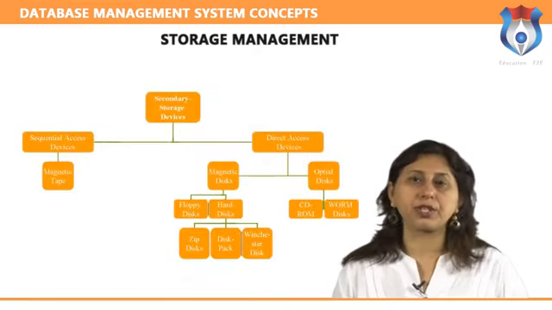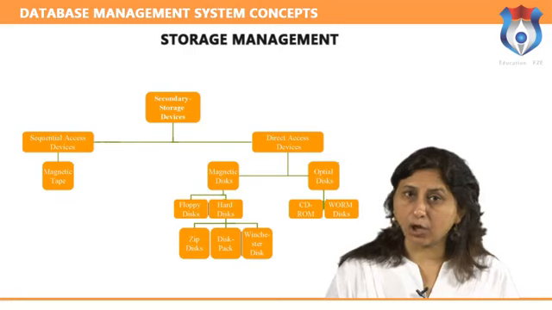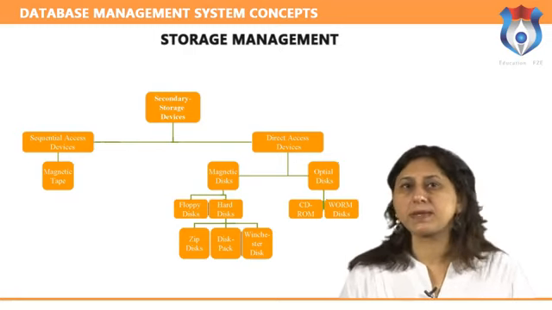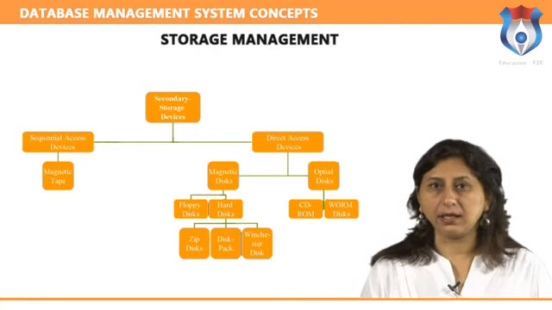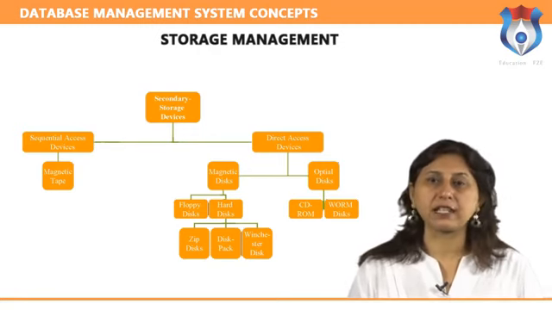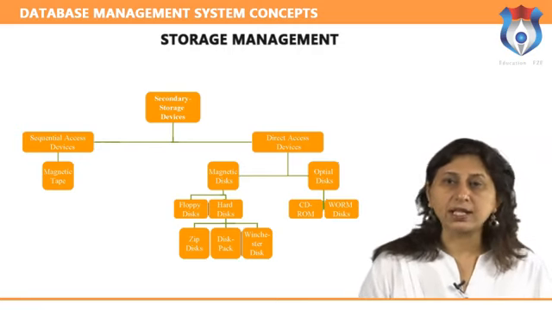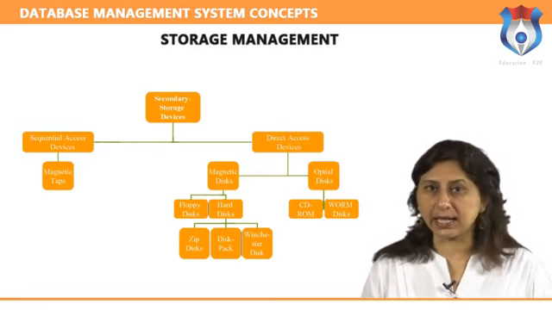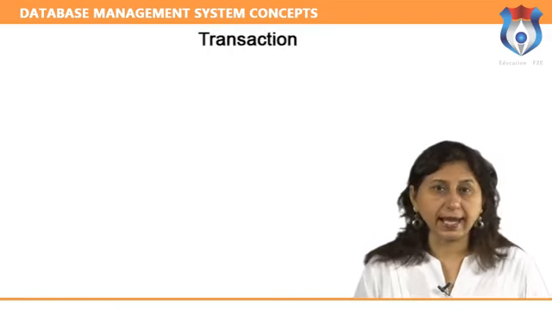Secondary and tertiary storage. This category includes magnetic disks, optical disks, CD-ROMs, DVDs, and other similar storage media, and tapes. Hard disk drives are classified as secondary storage, whereas removable media such as optical disks and tapes are considered tertiary storage. Transaction.